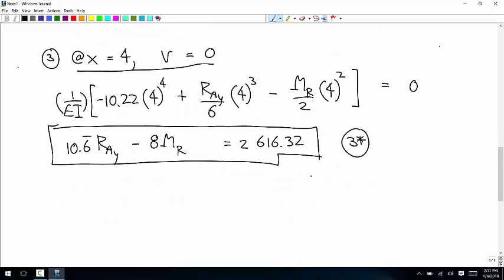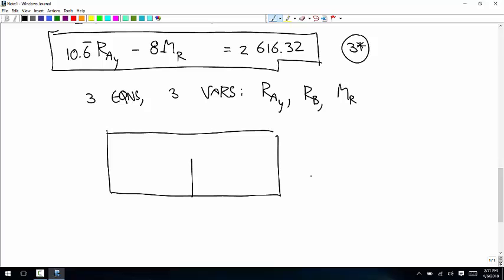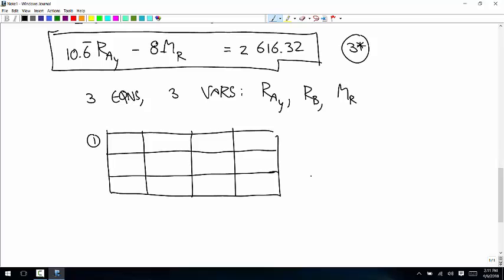And so now we have 3 equations for the 3 variables, RAY, RB, and MR. Let's calculate that system. So here's our equation 1, equation 2, equation 3.